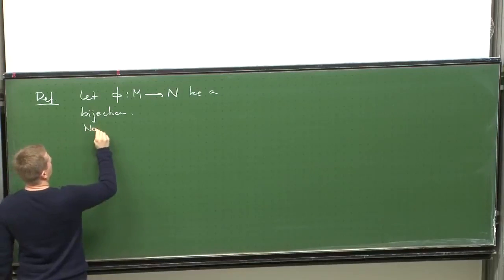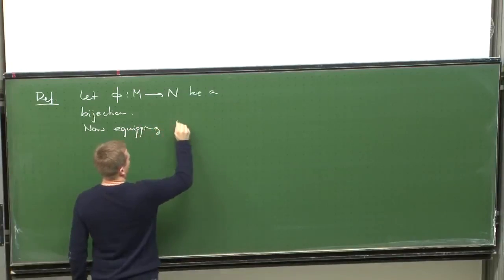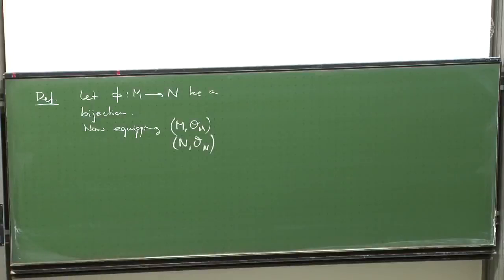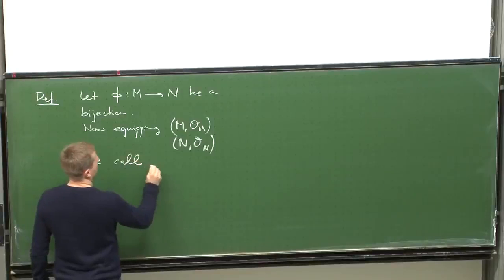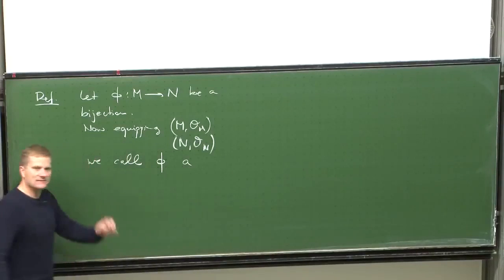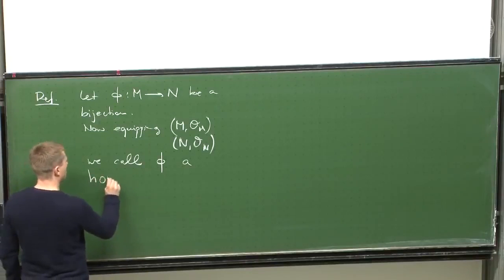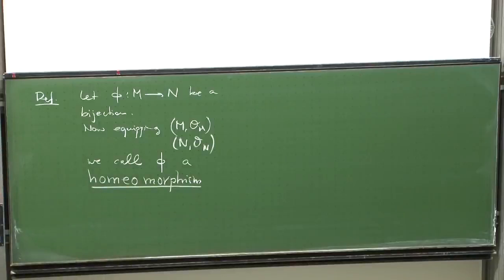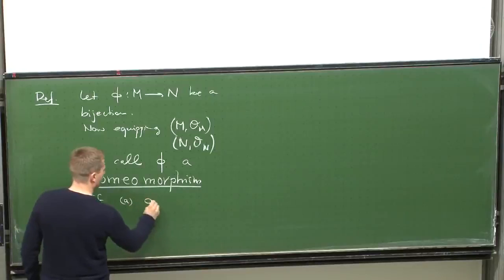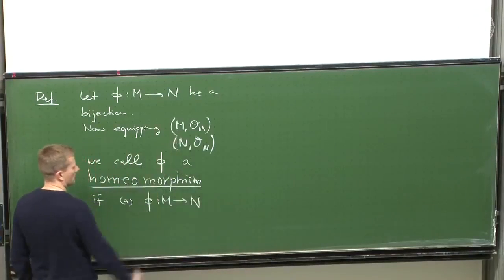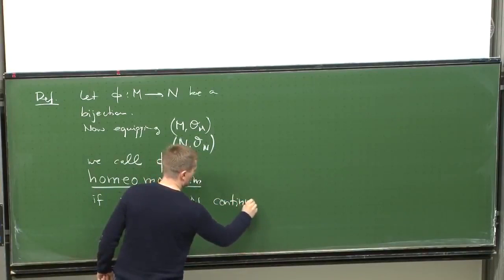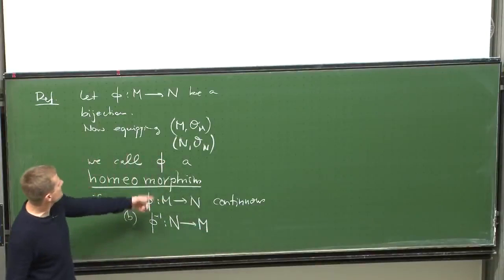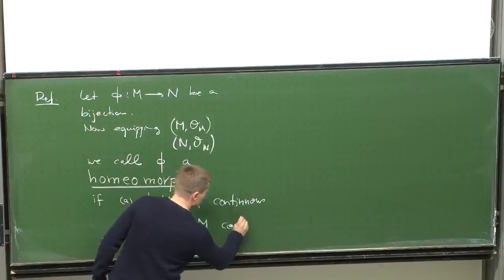Now, equipping M with OM and N with ON, so making topological spaces out of these sets, we call a bijection phi, and that's the central notion of map in topology, a homeomorphism, if both: A, phi from M to N, now being topological spaces, is continuous, and B, the inverse of phi, going from N to M, which exists and is unique because phi is a bijection, is also continuous.